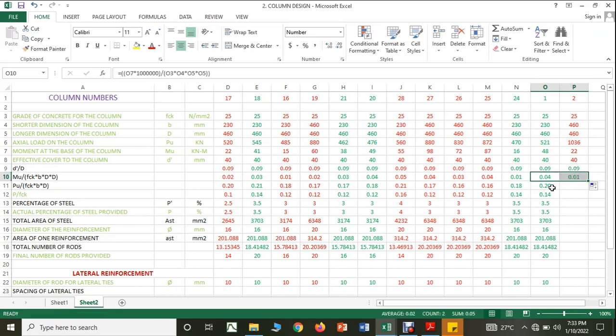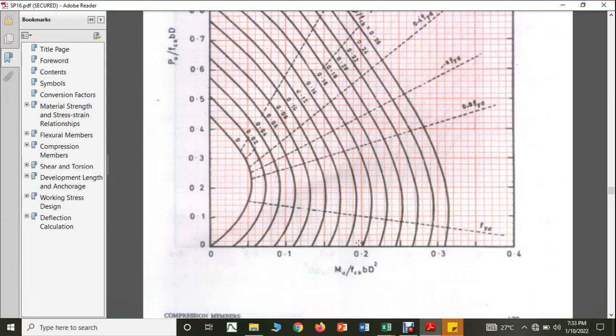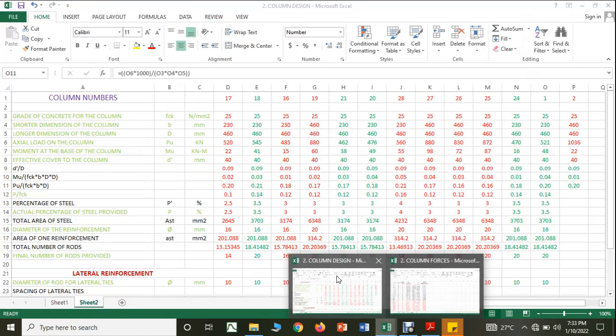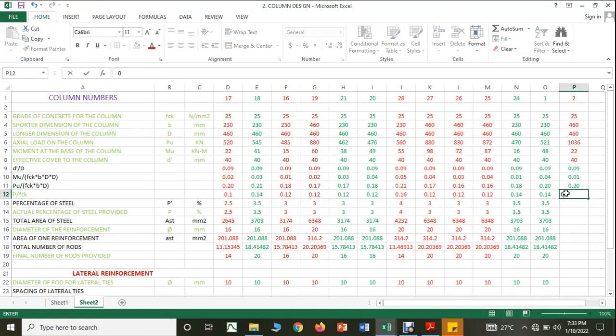The axial load Pu by fck b D is 0.20, so with 0.20 and 0.01 it will come to 0.14%. So 0.14 means definitely it will be 3.5. I'm going to maintain 3.5% only.